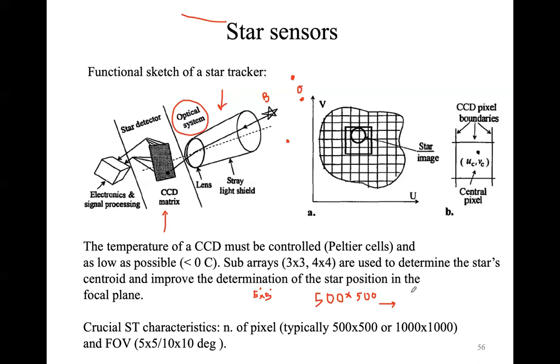So you are able to divide, for example, 5 degrees by 500 pixels. That means that each pixel gives you 1/100 degrees. So this is the resolution of 1 pixel, okay?